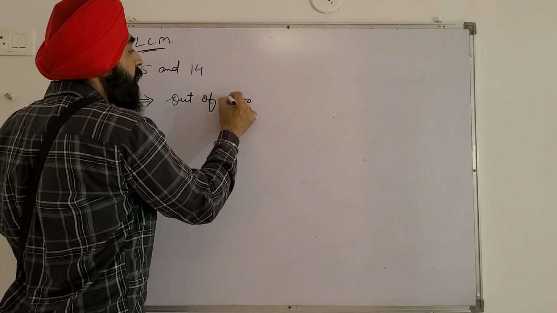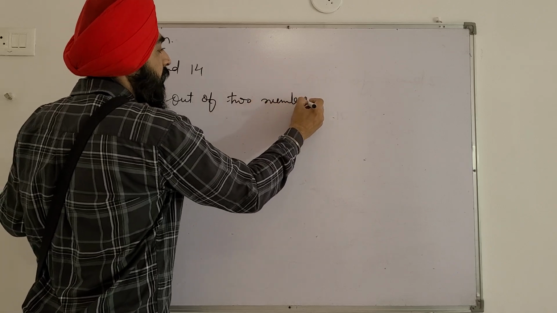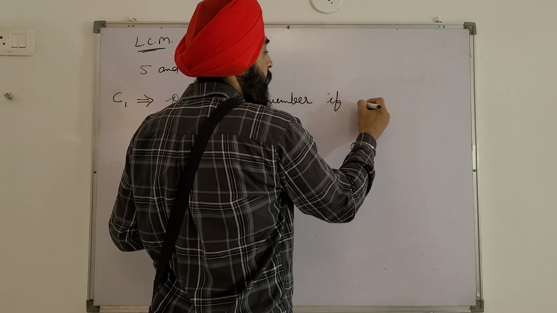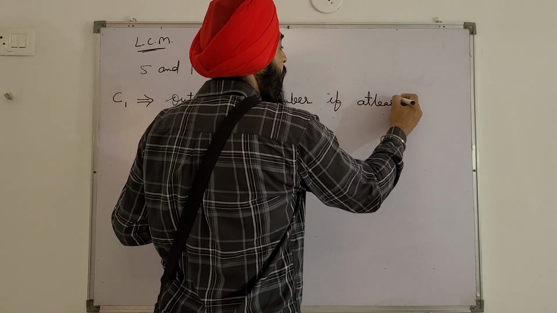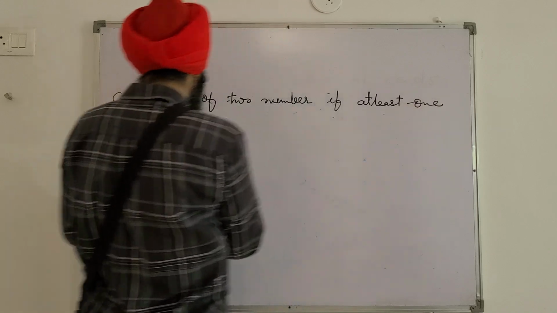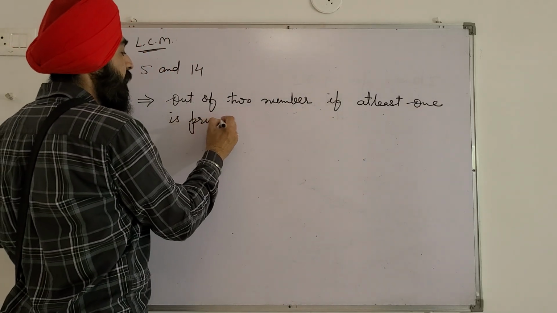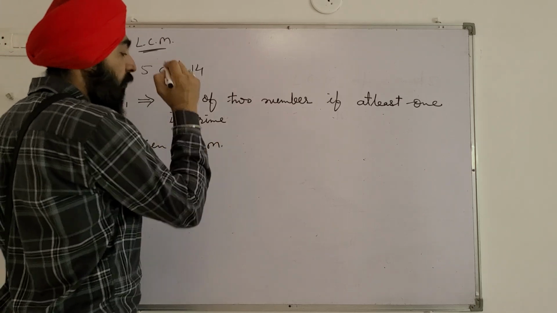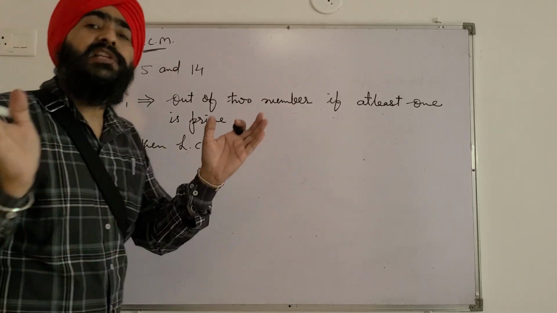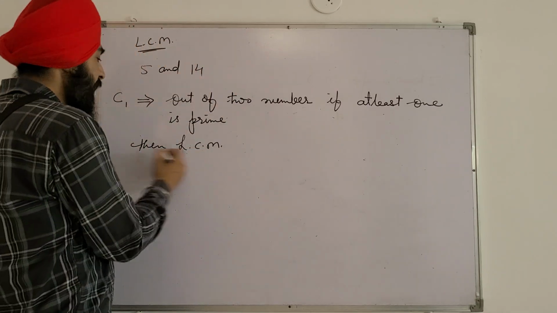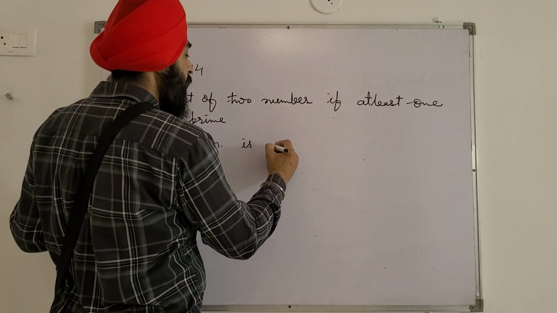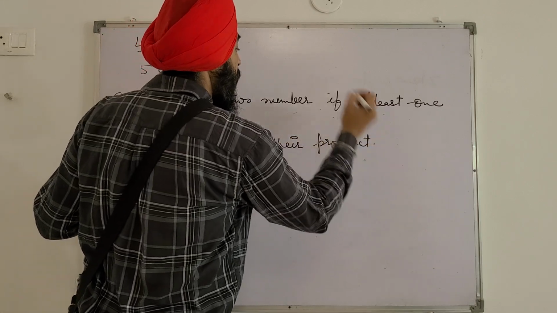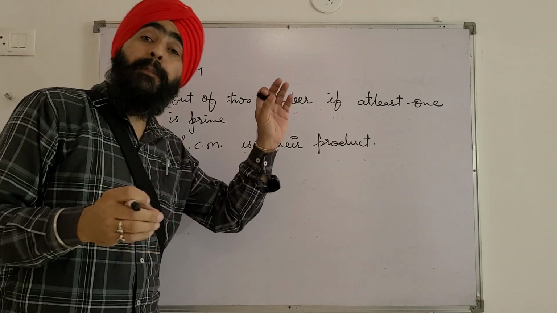Out of two numbers, if at least one is prime, then what is the LCM? Then the LCM is their product. It is very easy. Then the LCM is their product, and it is the same if both are prime.